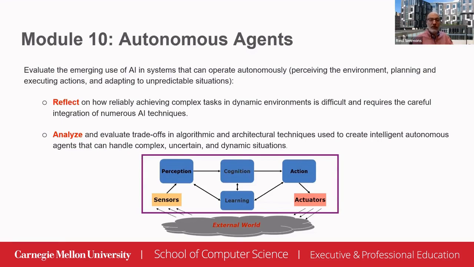So hopefully by the time we get through all these 10 modules, you have a much better idea of what artificial intelligence can do. You'll have a lot of practice with AI algorithms and taking quizzes and doing activities. And hopefully you'll be able to see how the AI fits into your own work and environment and interest.